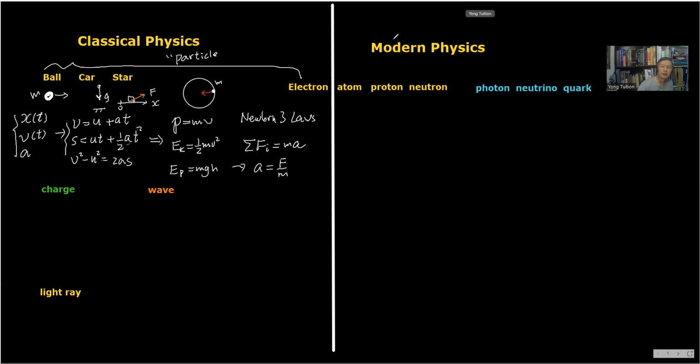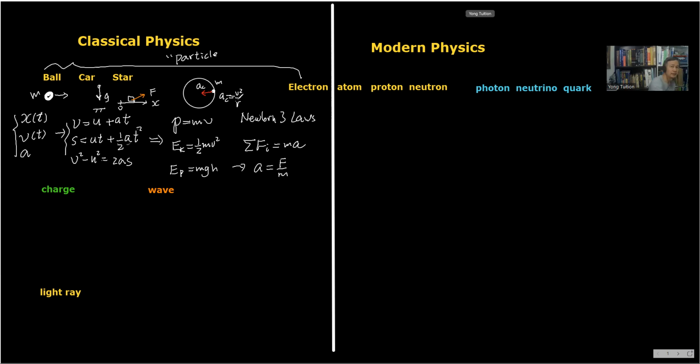This is a very useful formula when you describe circular motion. Do you remember circular motion? So this is another formula for acceleration: a_c is equal to v squared divided by r. That is kinematics.